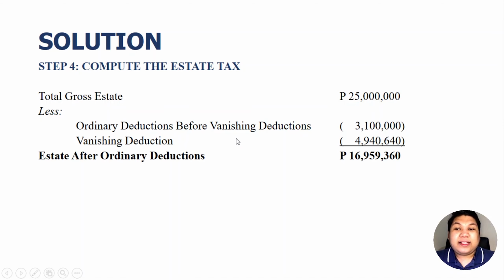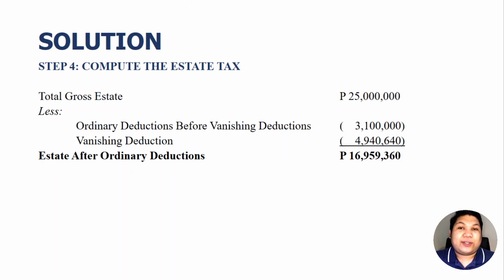So therefore, the net estate after deducting ordinary deductions is 12,959,360. So we have now deducted from the gross estate the ordinary deductions: the lit, the losses, indebtedness, taxes, the transfer for public use, and the vanishing deduction.